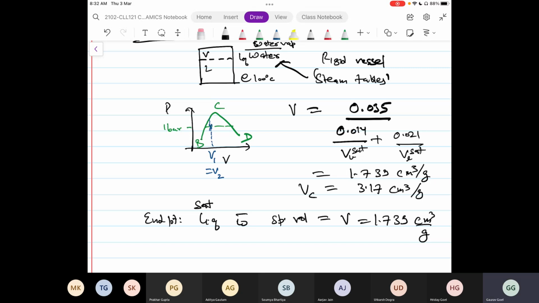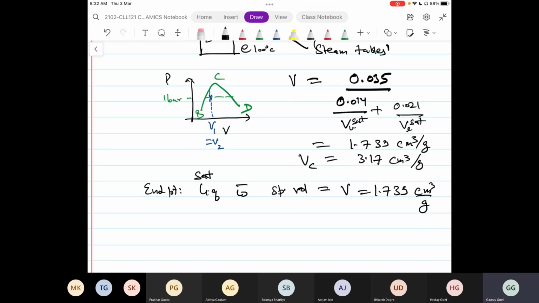Degree of freedom is 1, so I think it is. This is sufficient, right? So you will go to steam tables and say this is the saturation volume. And at this saturation volume, I want to find out other properties. You can do that calculation. Some interpolation would be required.